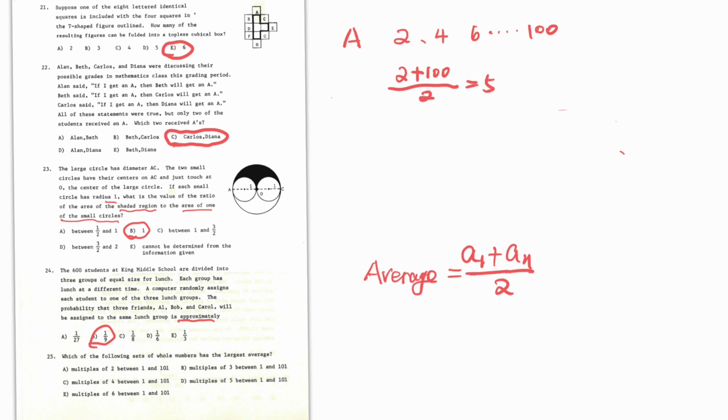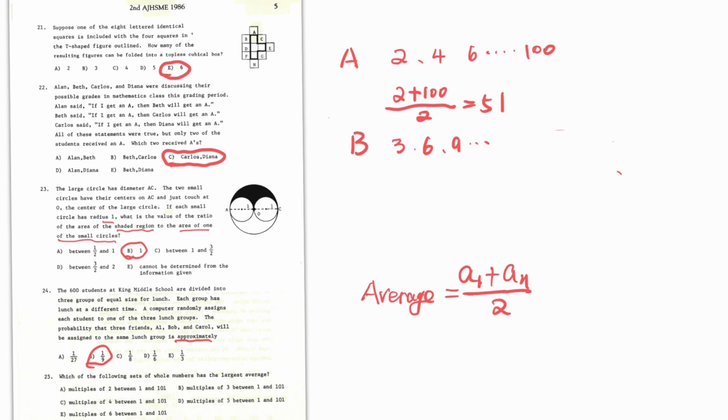That's 51. And B, multiples of 3: 3, 6, 9, continuing to 99. So the average equals the first number 3 plus the last number 99, divided by 2.